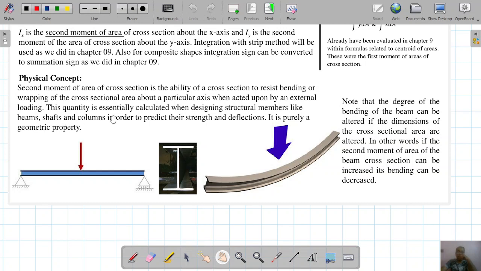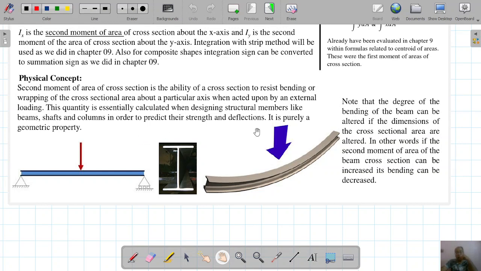This quantity is calculated when designing structural members like beams, and not only beams but shafts and columns. In columns we use it with Euler's beam equation, we can use it in shaft design, and machine design has a lot of applications of moment of area.